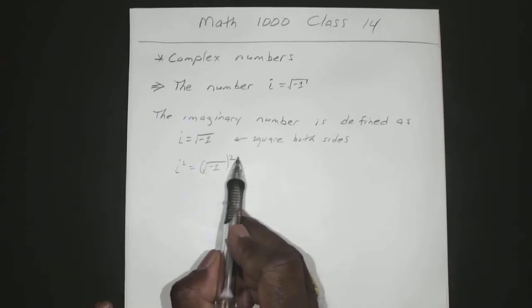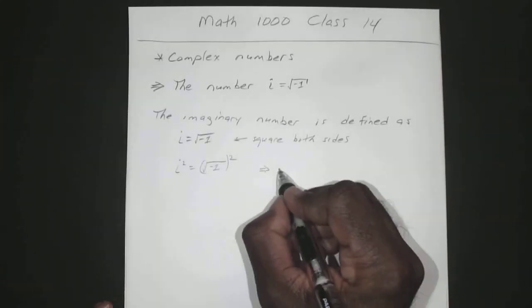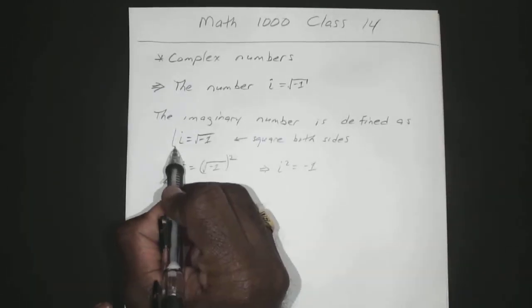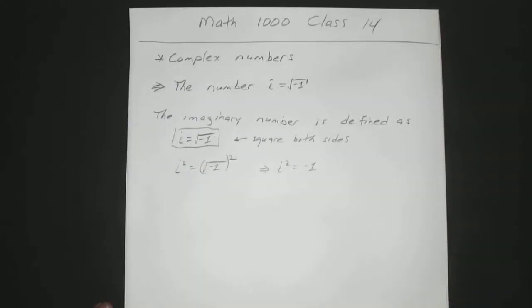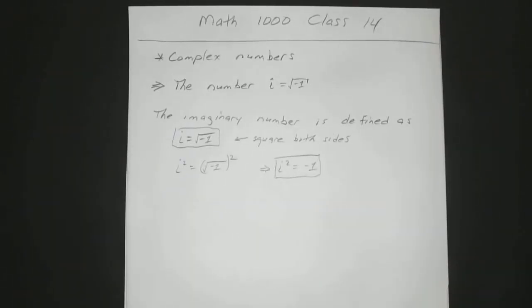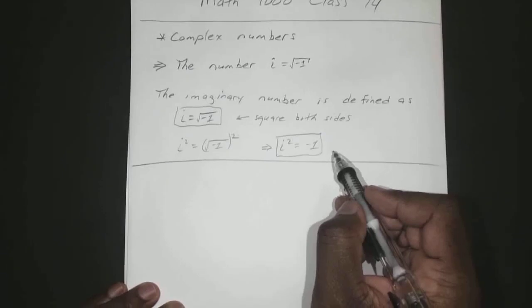Okay, remember the square and the square root cancel each other out. So you get i squared equals -1. So you know that i equals the square root of -1, and i squared is just -1.